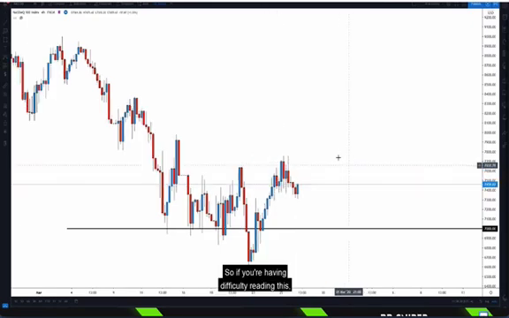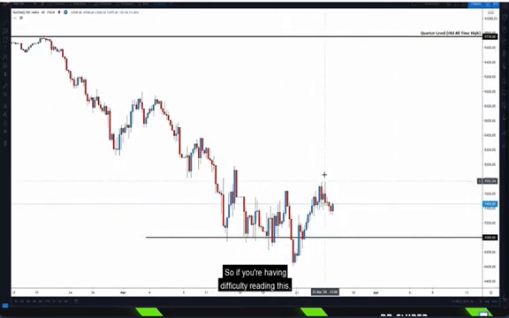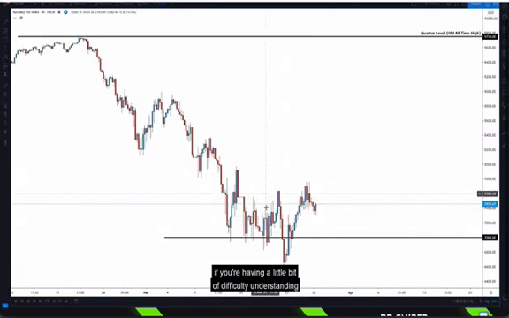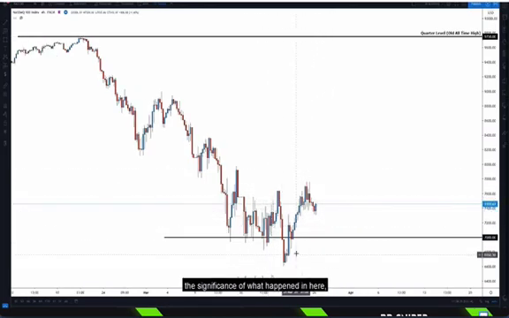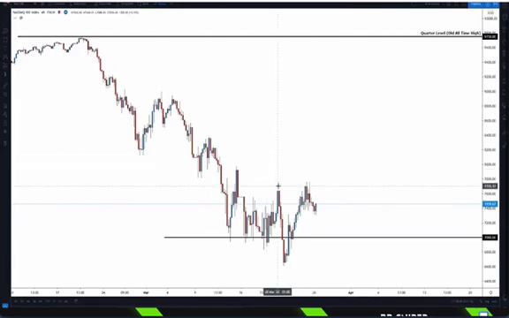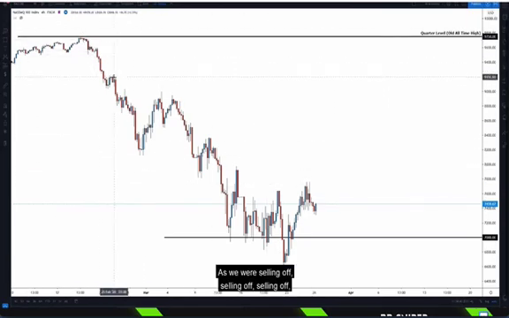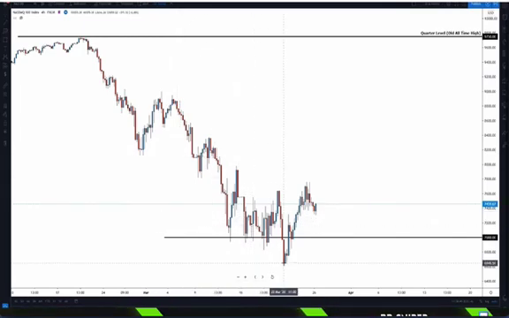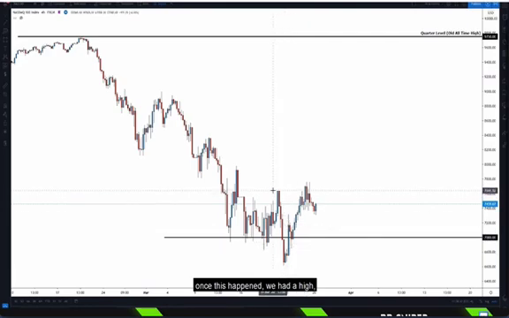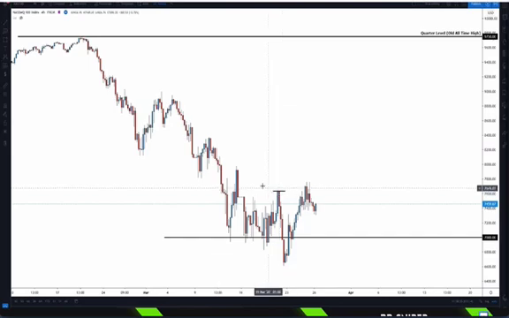high. So if you're having difficulty reading this, if you're having a little bit of difficulty understanding the significance of what happened in here, I'm going to annotate it for you. As we were selling off, once this happened, we had a little short-term high, we had a low.